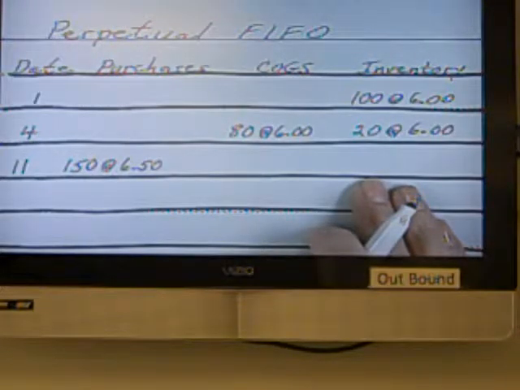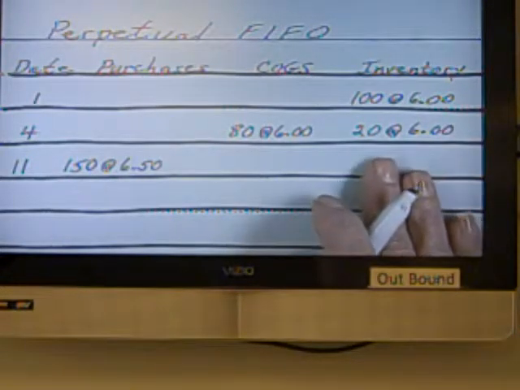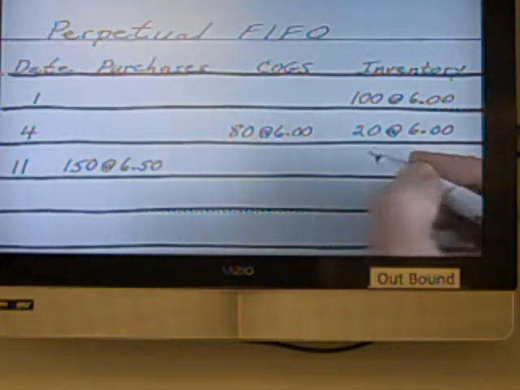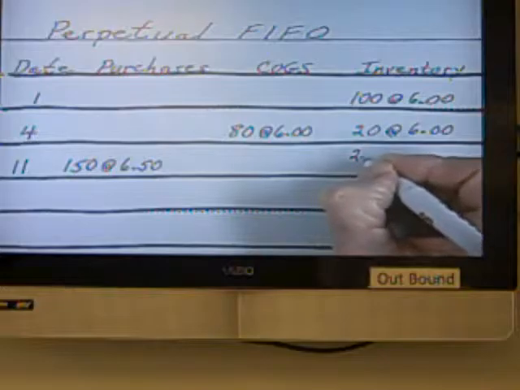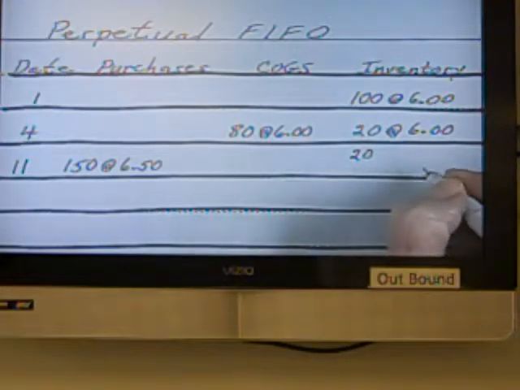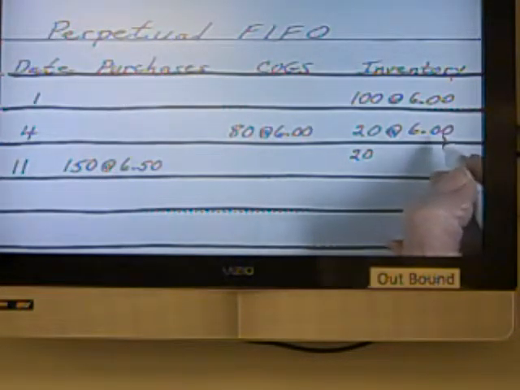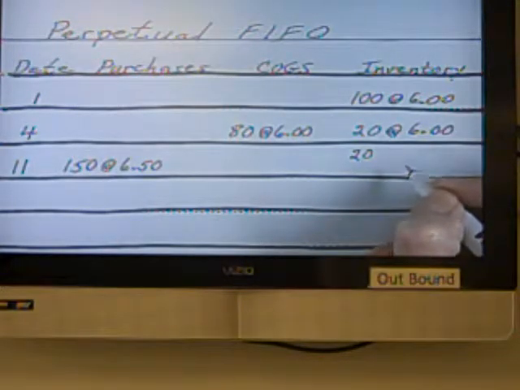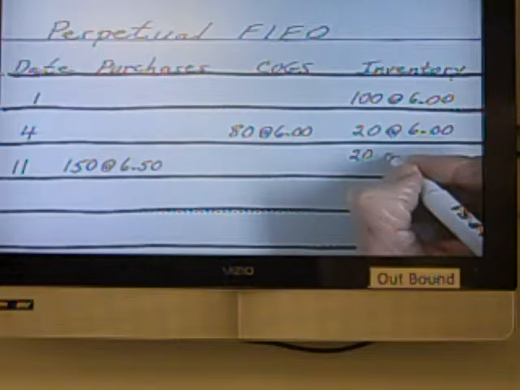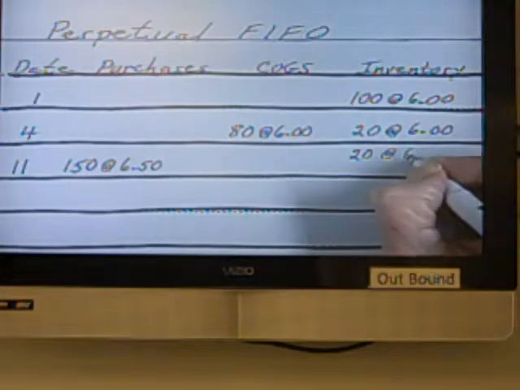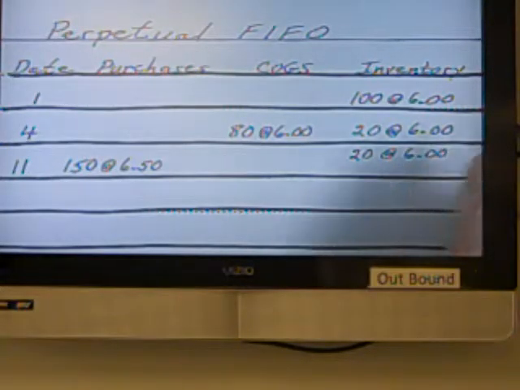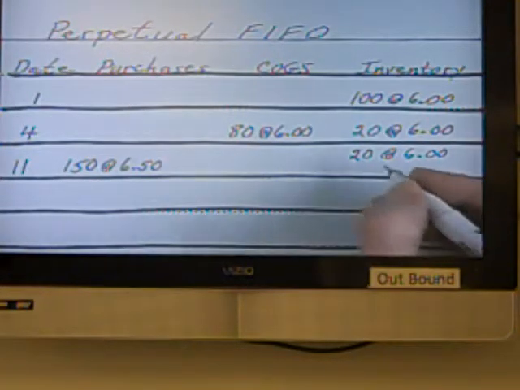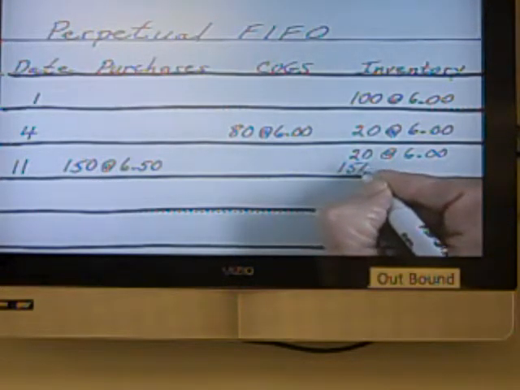We had 20 units at a cost of $6. Well, we still have those. So now we're going to have 2 layers of inventory, and we have to keep those separated in layers because they're at 2 different unit costs. So we have 20 at $6, and we have 150 at $6.50.